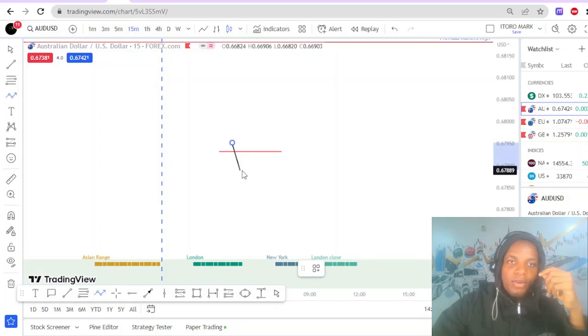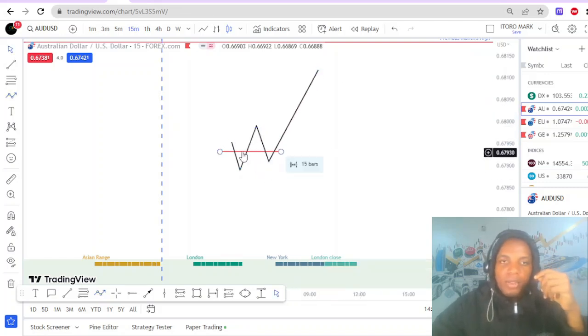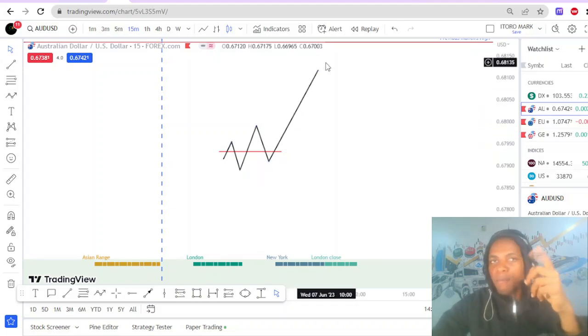So what I waited for is for the lows to be grabbed, break market structure, and then tap into some sort of fair value gap, and then price moves higher. So the low grabs, this should serve as a market structure here. So it grabs low, breaks market structure here, comes back, taps into the fair value gap, and then moves price higher.